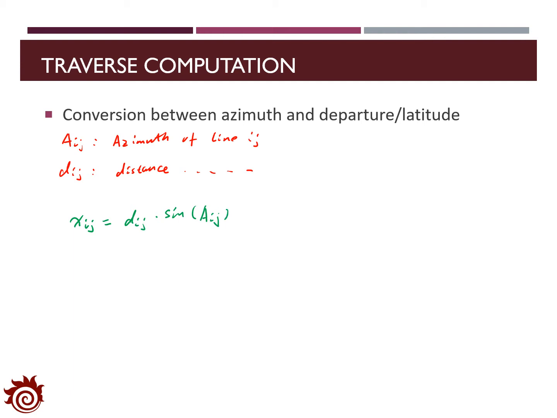For the latitude, we have yij equal to dij times cosine aij.